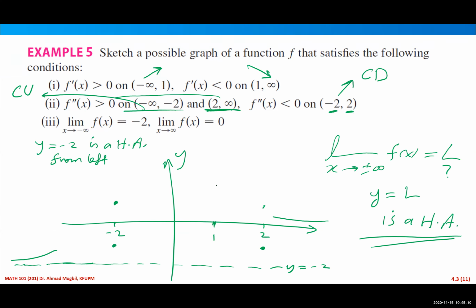A maximum. Let's say this maximum is here. So I can now start thinking about my function. It will concave down, something like this, and after 2 it will concave up. I will check that later. Now from negative infinity to -2.